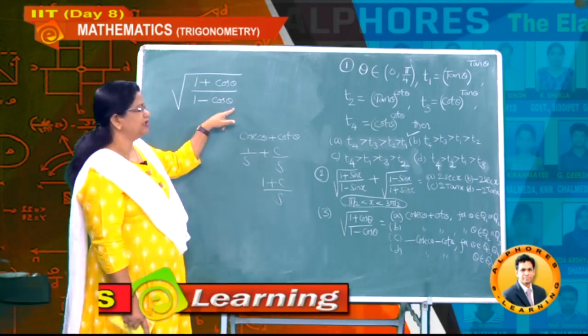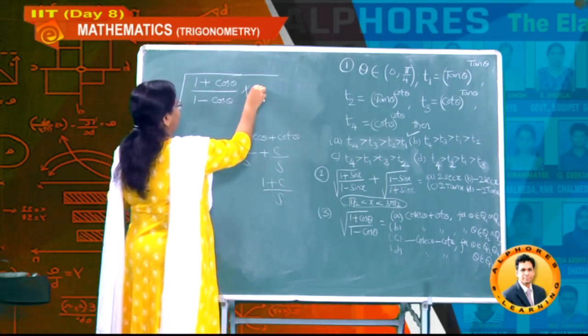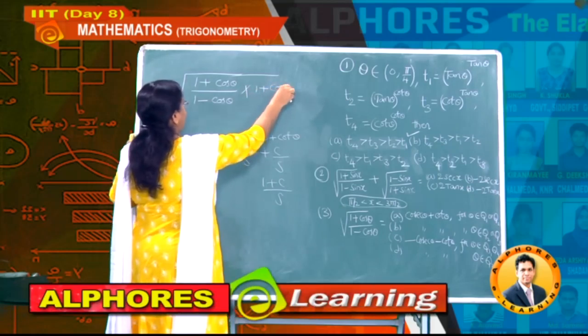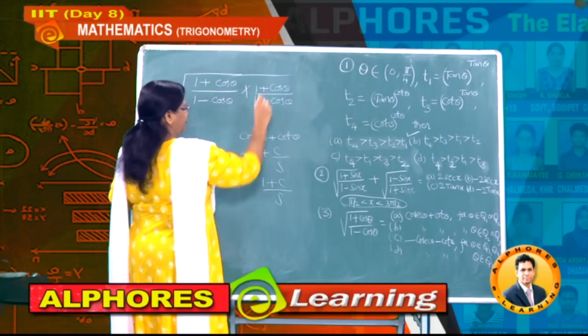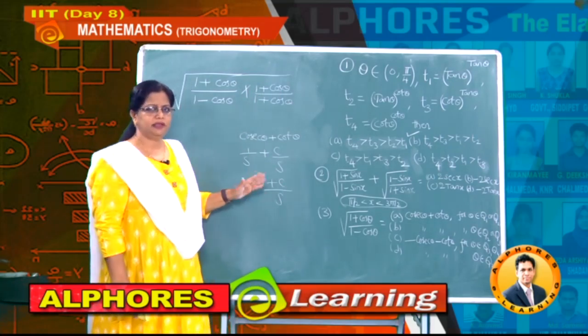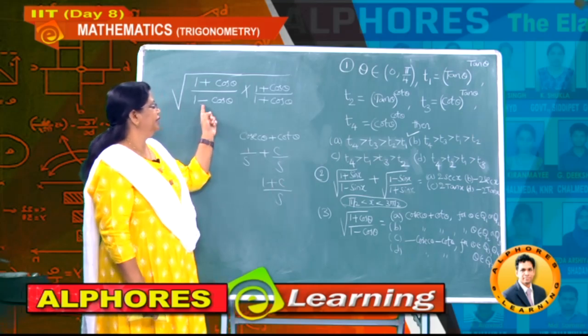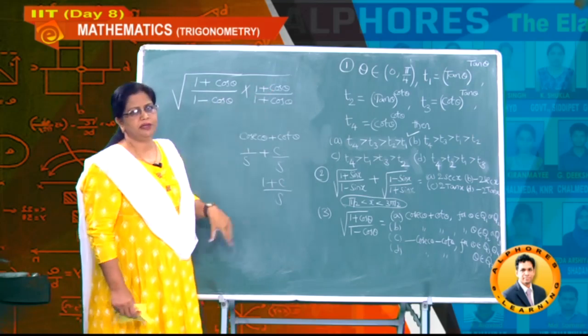That is why in this problem we multiply with the term 1 plus cos divided by 1 plus cos, because in the numerator we require 1 plus cos and in the denominator we require sine. That is why I did not multiply with 1 minus again, I multiplied with 1 plus.